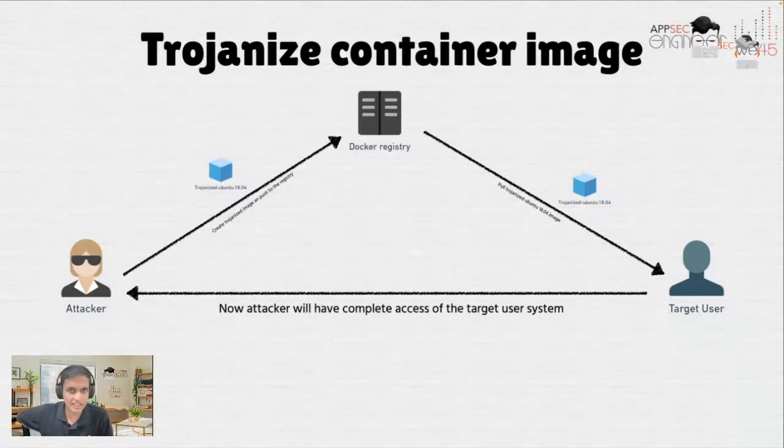I'm going to have reverse shell access through which I can start accessing the environment of the target user or the victim, right? So I'm going to be running this attack on AWS ECR.